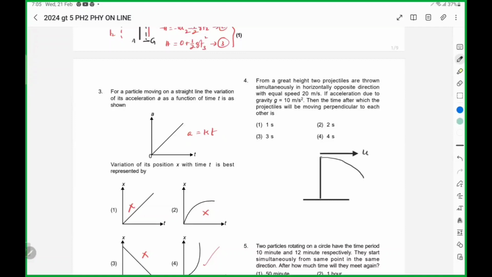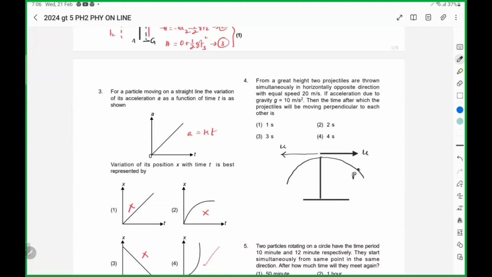Another is thrown like this with equal speed in this direction. Then we need the time after which the projectiles will move perpendicular to each other.